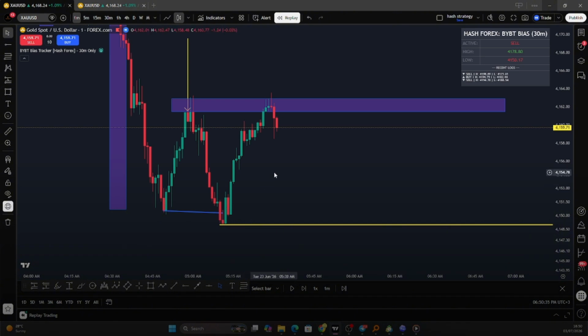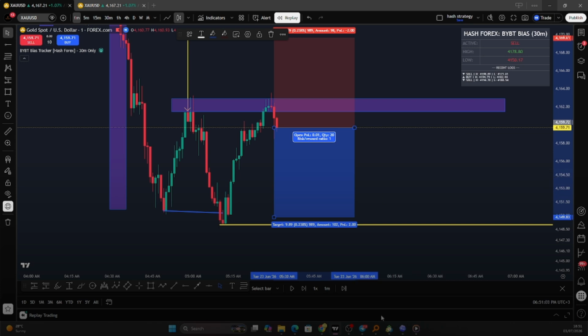So what we are going to do is take the sales from this zone when this candle closes, taking out these buyers, meaning that the sellers have taken control of the market again. So we took our sales on the closure of that candle.